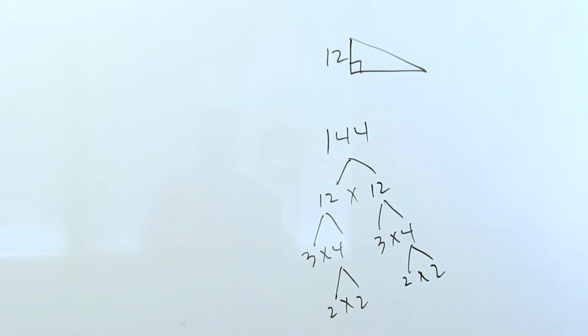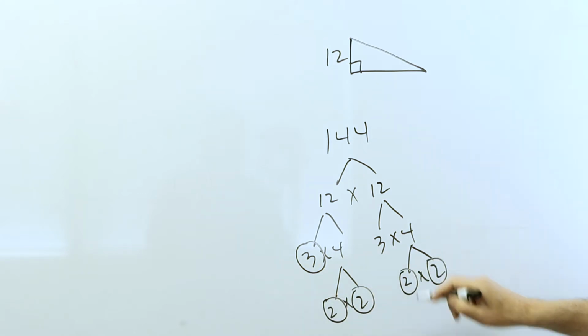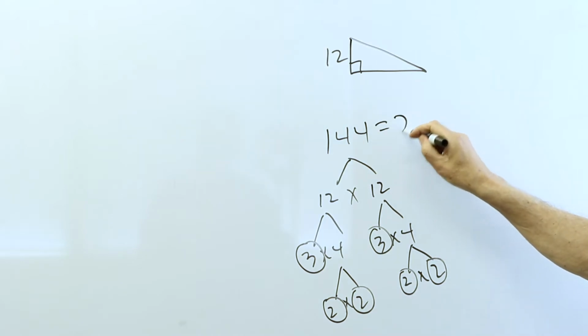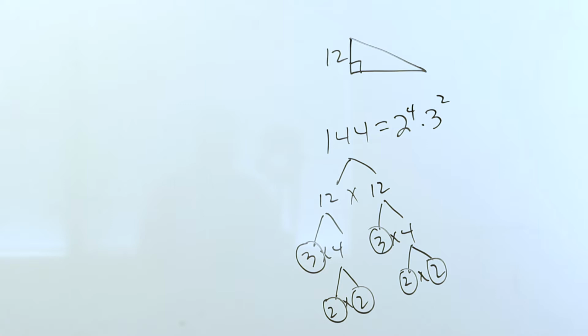And we circle all the prime numbers. So our prime factorization of 144 is 2 to the 4th power times 3 to the 2nd power.